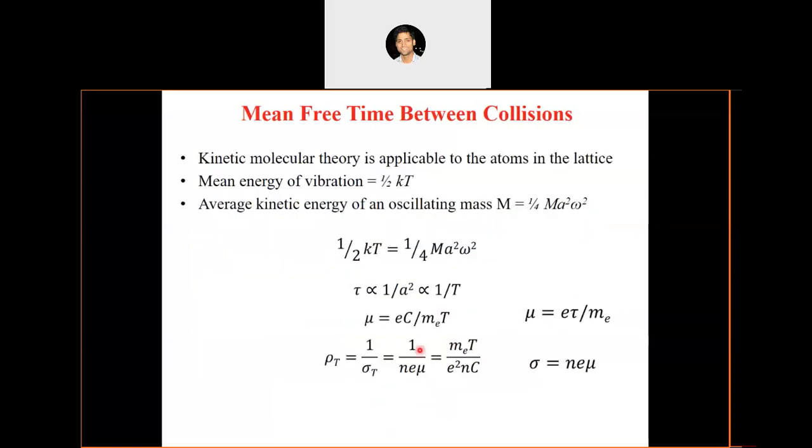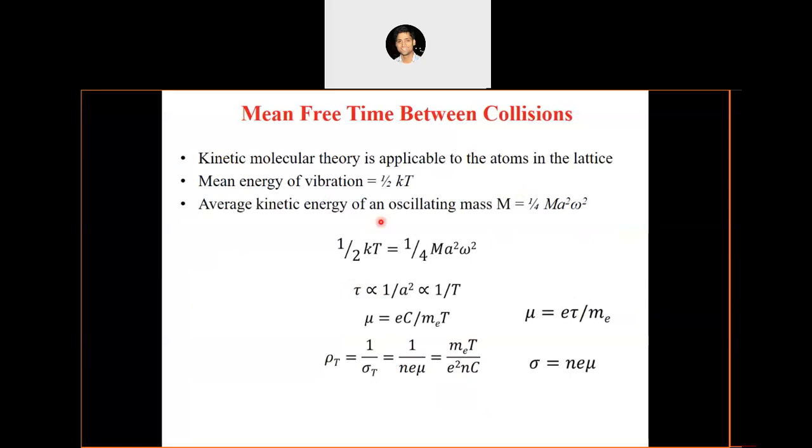Once we have got this relationship, we can start another line of logic, where we apply kinetic molecular theory to the atoms, right? We can still assume, although electrons don't follow the kinetic molecular theory, that the atoms in the crystal do follow it, because the interactions between atoms are not significant enough.